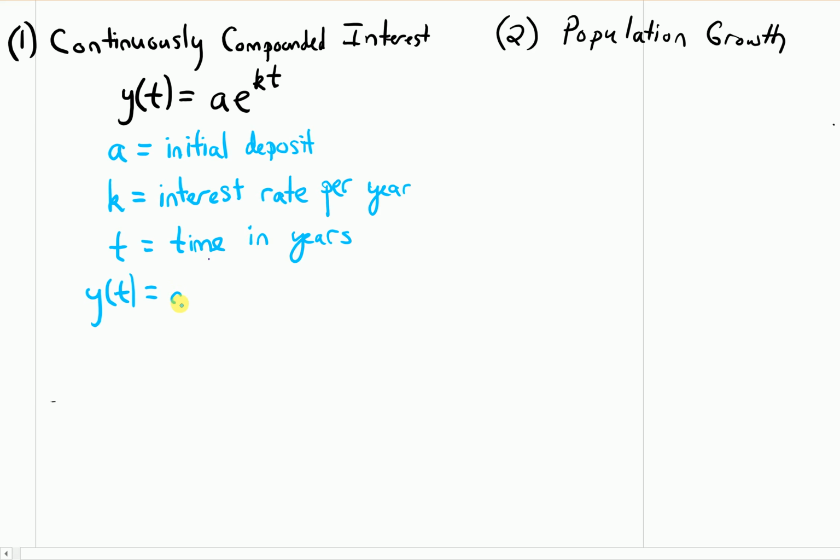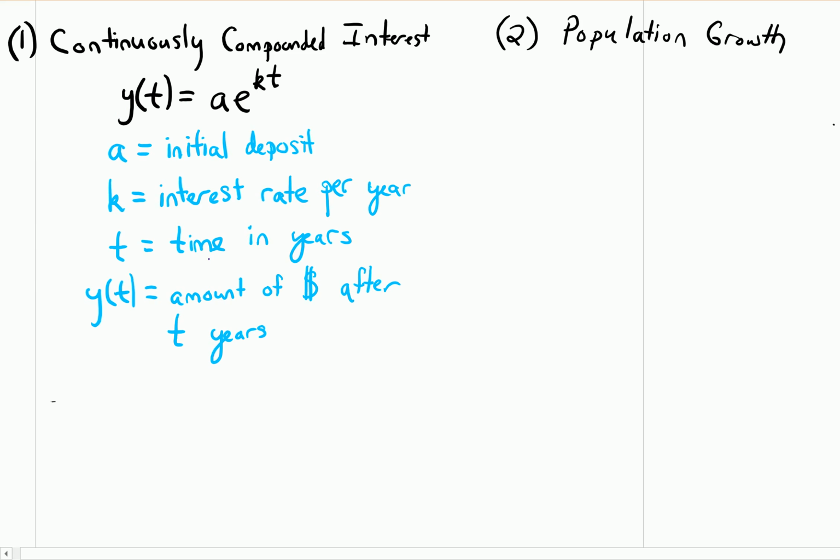So this is the amount of money or cash that there is after t years. Okay, so those are what all the terms here in this continuously compounded interest formula represent.